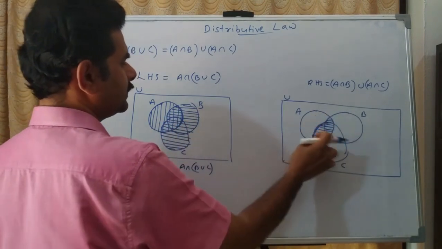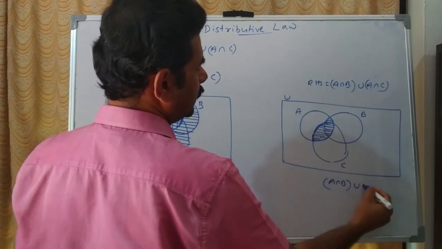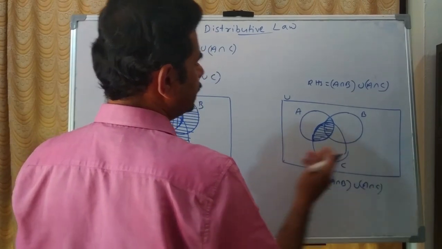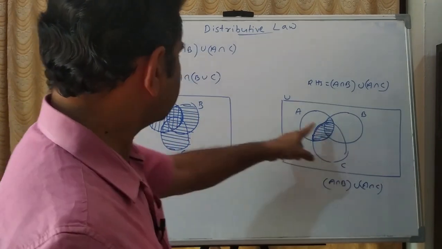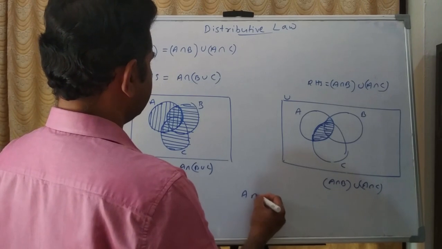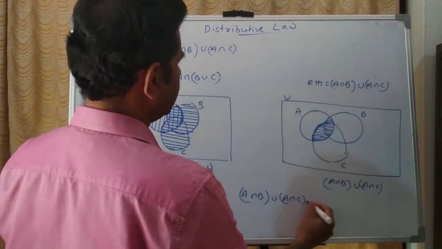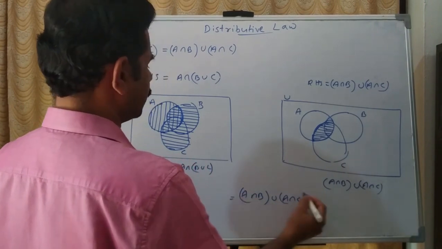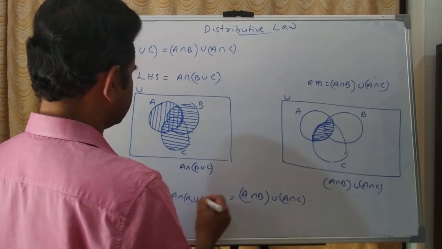Same, isn't it? A intersection B union A intersection C. So at a glance it is very clear that both areas are same. Therefore A intersection B union A intersection C equals A intersection B union C.